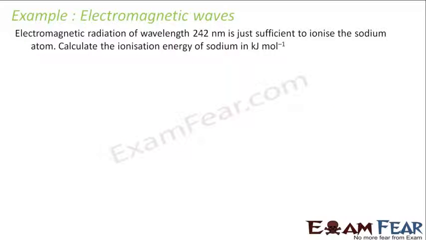Electromagnetic radiation of 242 nanometer wavelength is just sufficient to ionize a sodium atom. Calculate the ionization energy of sodium in kilojoule. So if you see, the question is we have to give the energy in kilojoule per mole.